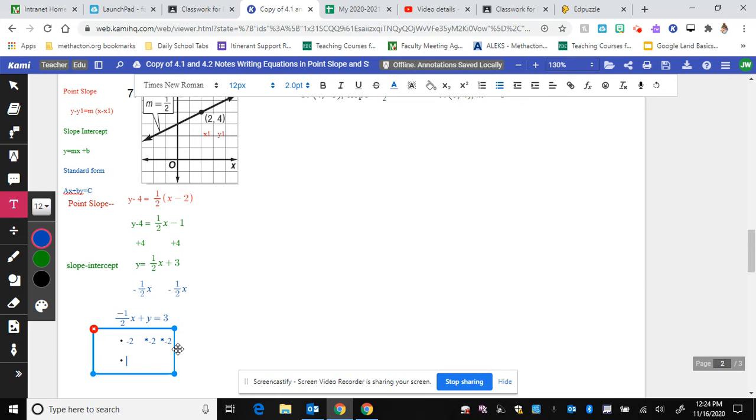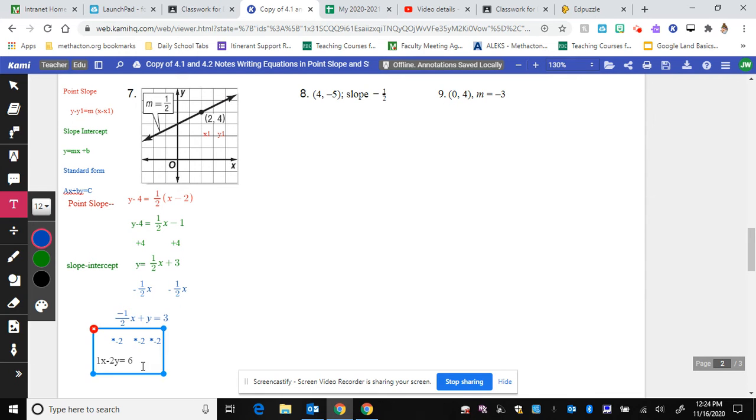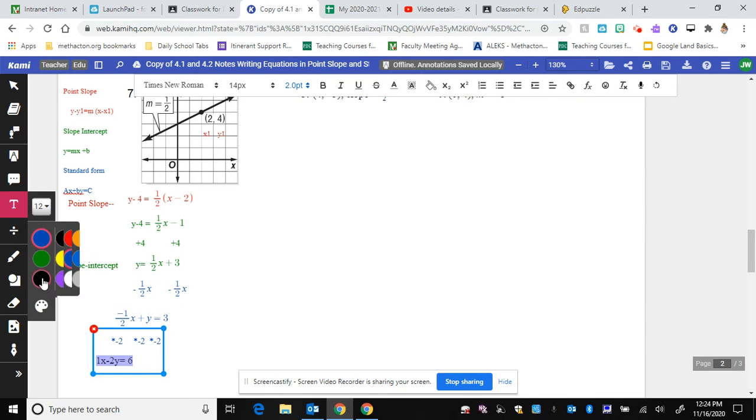So if I multiply everything by -2, I am left with, these two cancel out, so does my negative. So I have 1x minus 2y equals positive 6. And now you're in standard form. So this is what we were looking for.